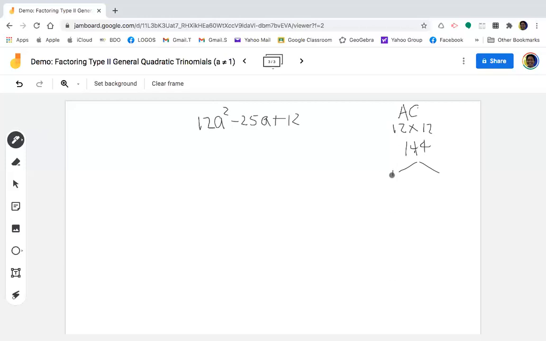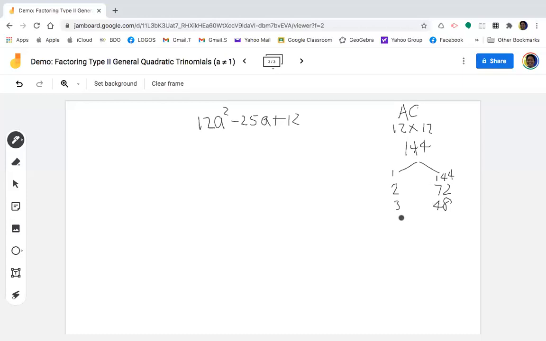All right, so let's break it up into 1 and 144, but that sum is 145, so that's not the one we're looking for. 2 and 72, which adds up to 74, so that's not the one either. 3 and 48, which adds up to 51.